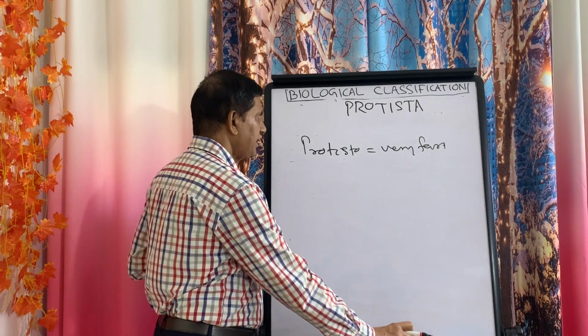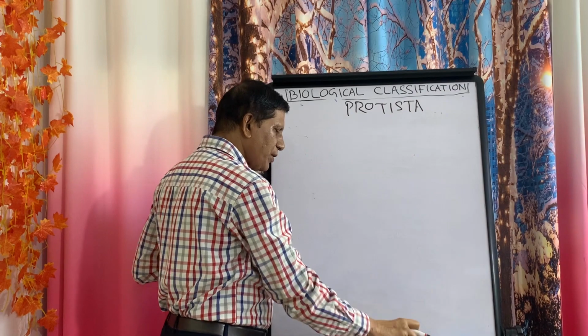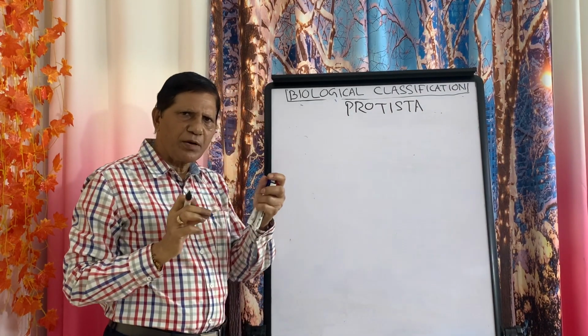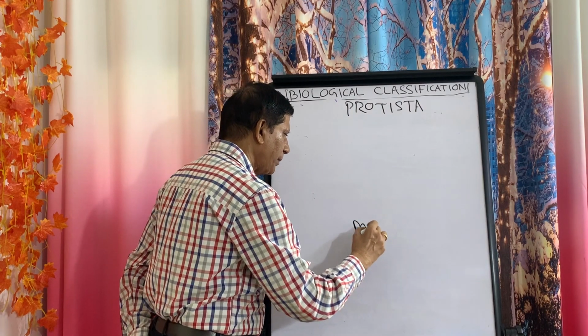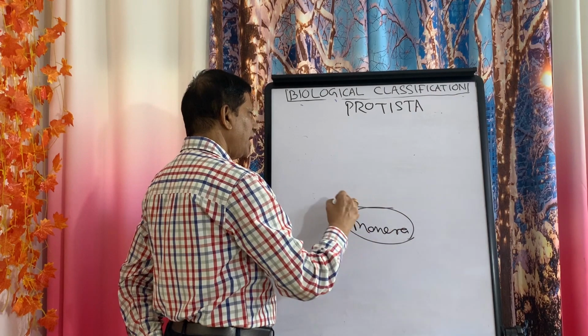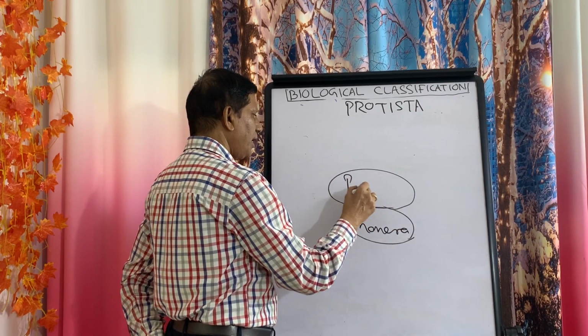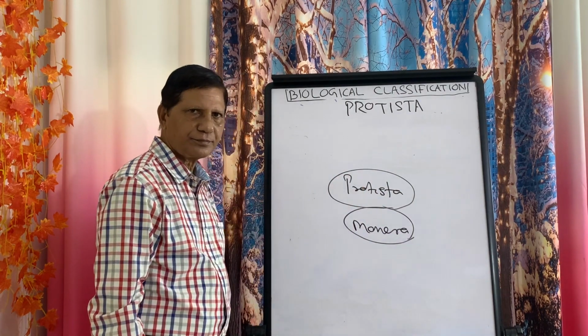And since it has characters of plants, animals and fungi, it forms a link. That means initially the primitive group is Monera. From this Monera, the Protista developed.